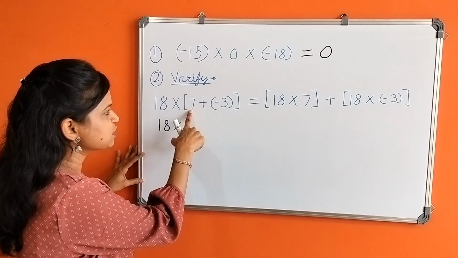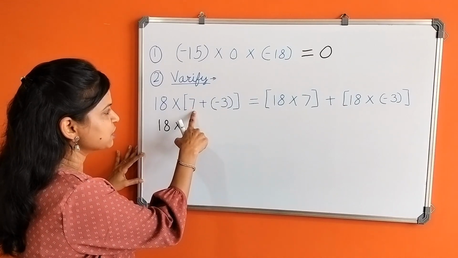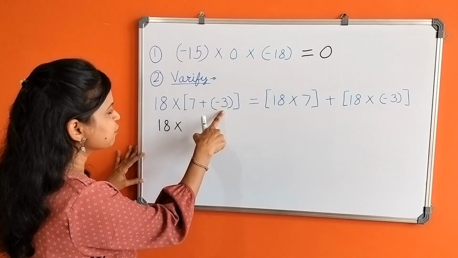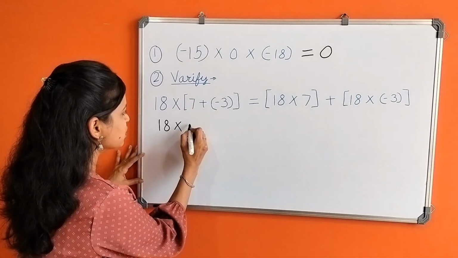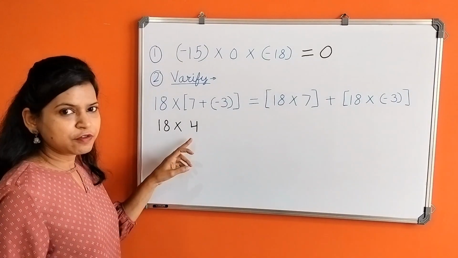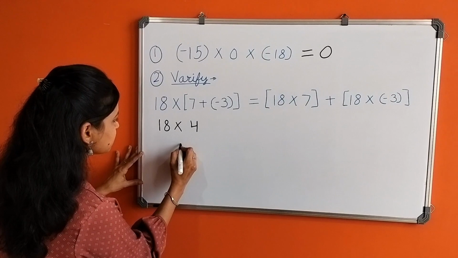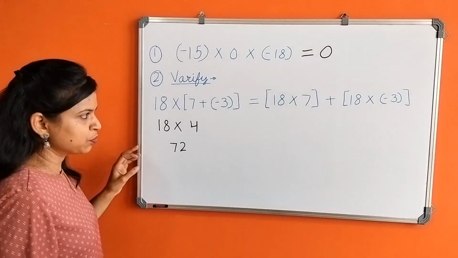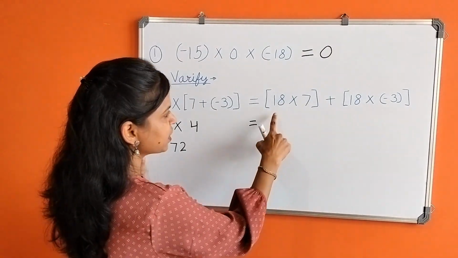Different signs: 7 is positive, 3 is negative, so we will subtract. 7 minus 3 is 4. 7 is the bigger number than 3, so the sign will be positive because 7 is also positive. Now 18 into 4 is 72.